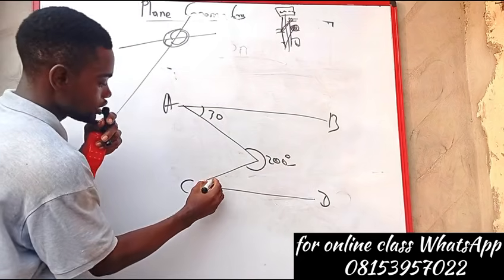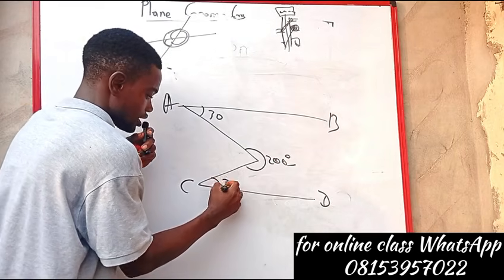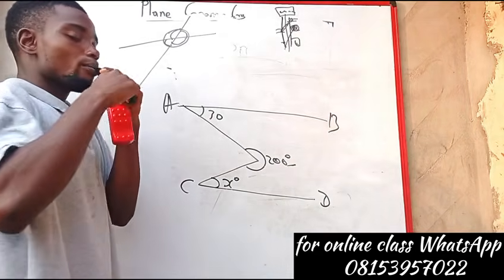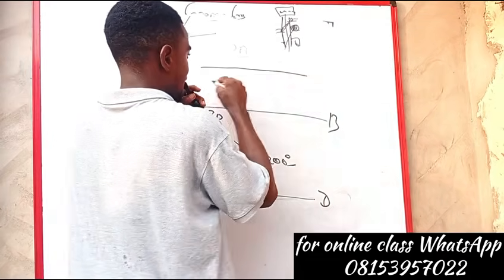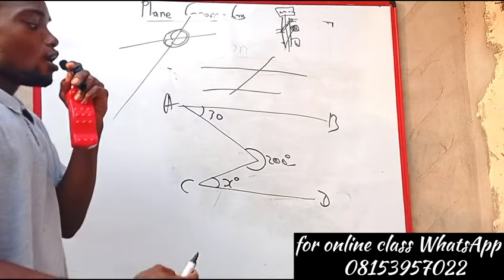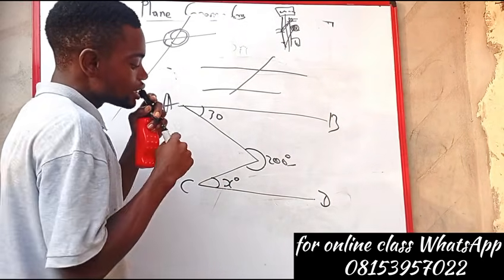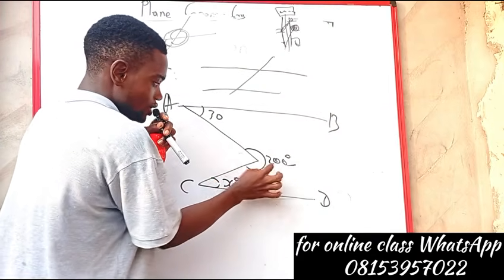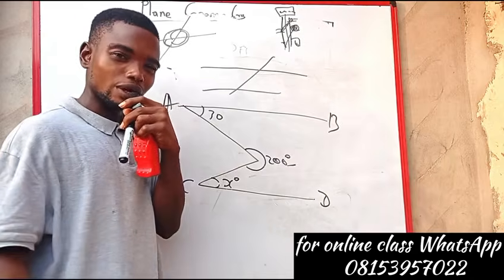You are now asked to find this one. What is this S degrees? How can you solve it? Remember the parallel lines and the alternating angles. But if you look here, there is no relationship in which you can get your S with this or with this. No relationship at all.